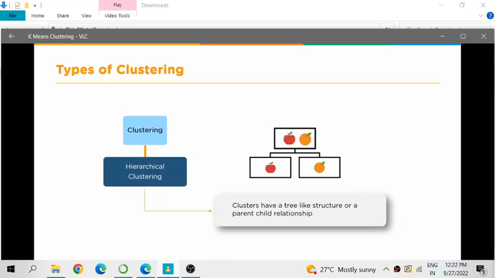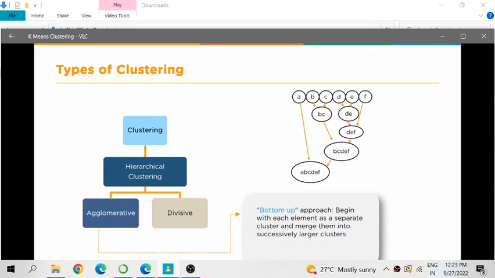This kind of clusters will be created. The tree-like structure will be created after putting in some conditions, formulas, or equations. By satisfying those conditions, or by getting the values from those expressions, the tree will be created. So we'll have a parent-child relationship in hierarchical clustering.